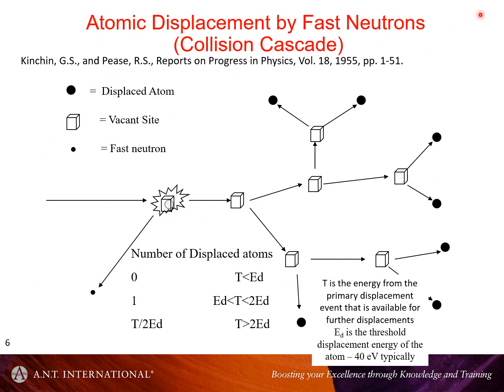We can't talk about neutron interactions without talking about radiation damage. Now, one of the issues when using different alloys in nuclear reactor cores is the effect of the neutrons causing atomic displacement. And by far the most common way in which atoms are displaced is by direct collision with energetic neutrons.